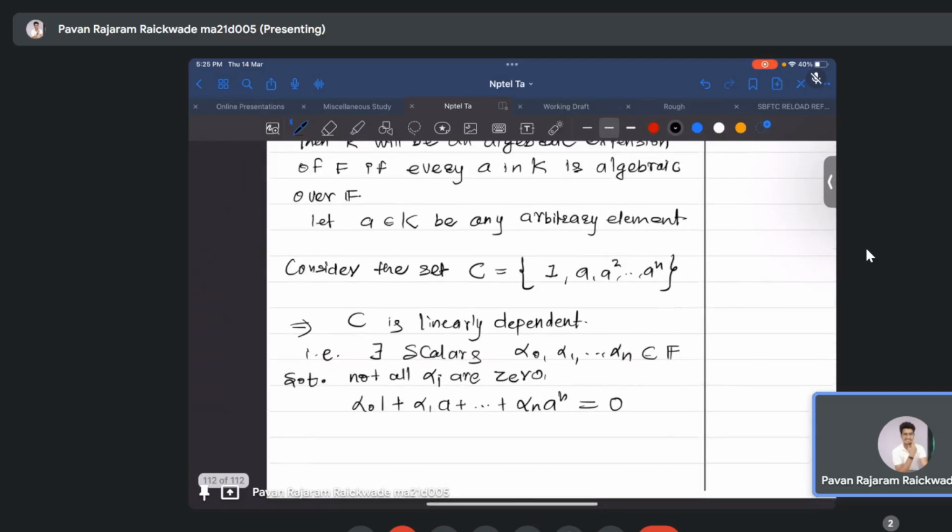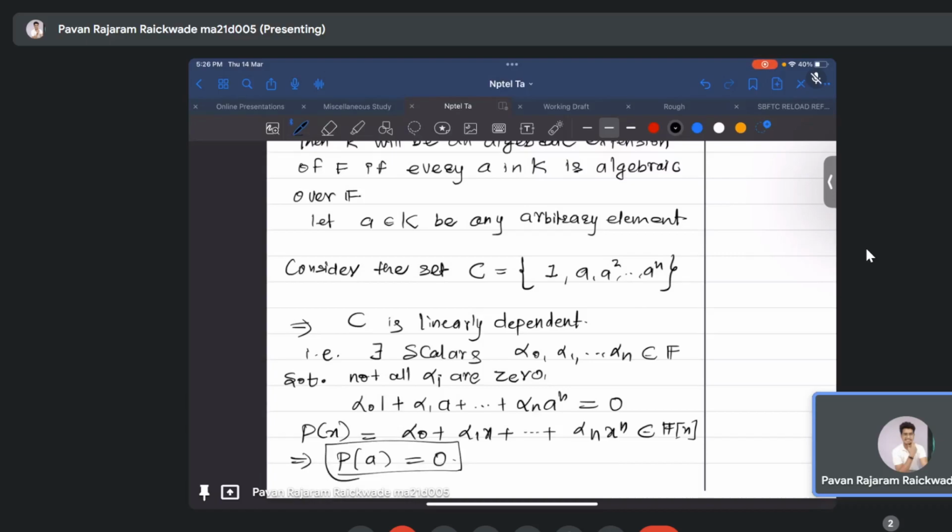Then what do you know? Consider now the polynomial P(x) equals alpha naught plus alpha 1 x plus up to alpha n x power n. This is a polynomial in F[x], because the scalars are in the field F, and P of A is 0.